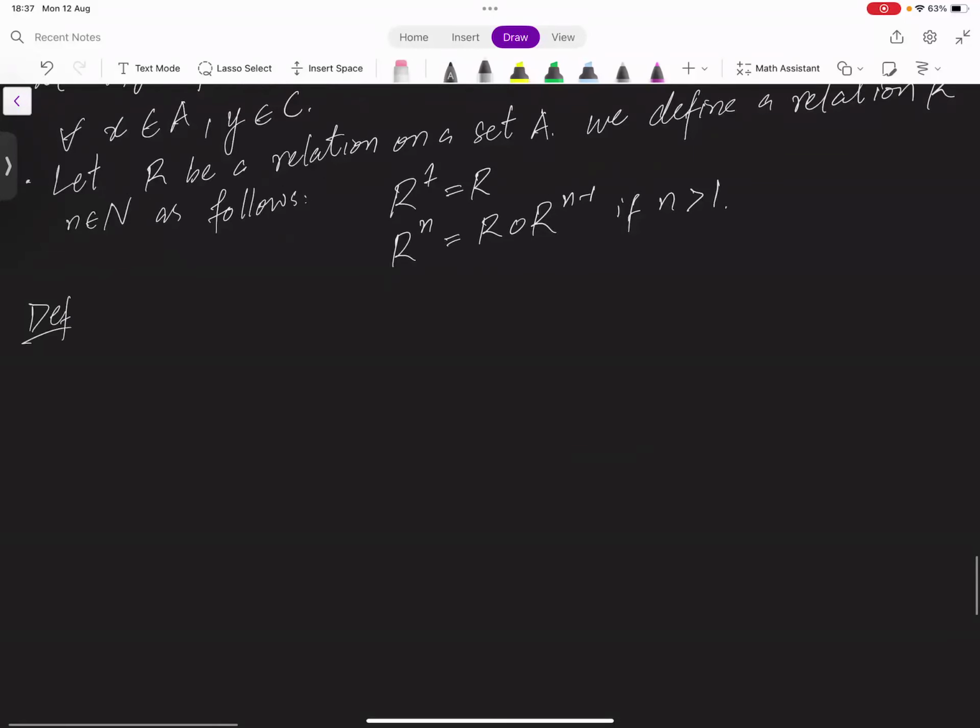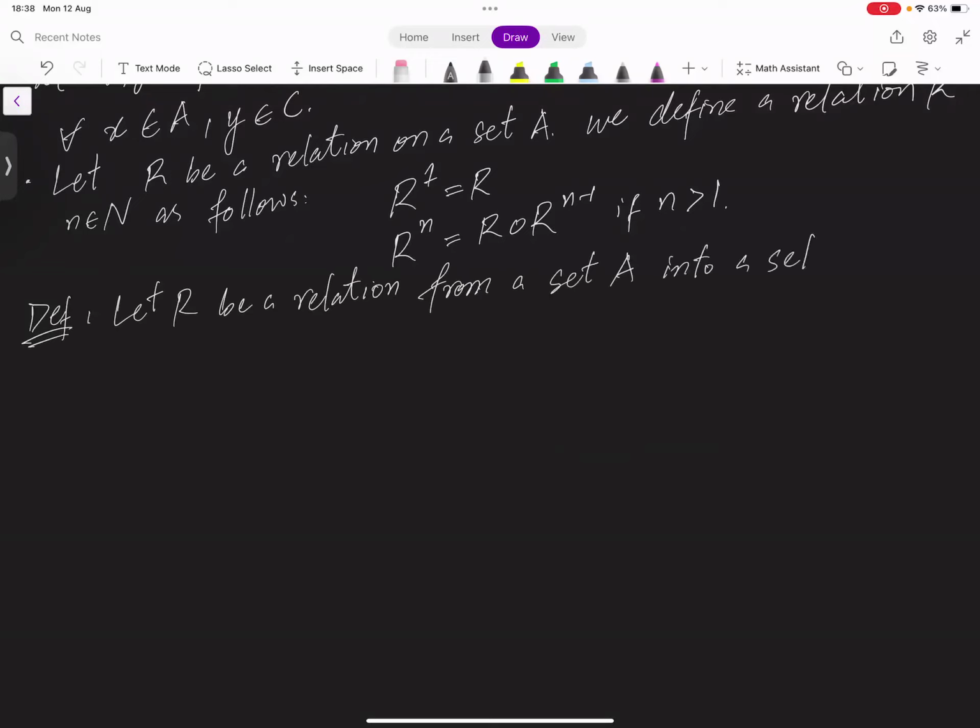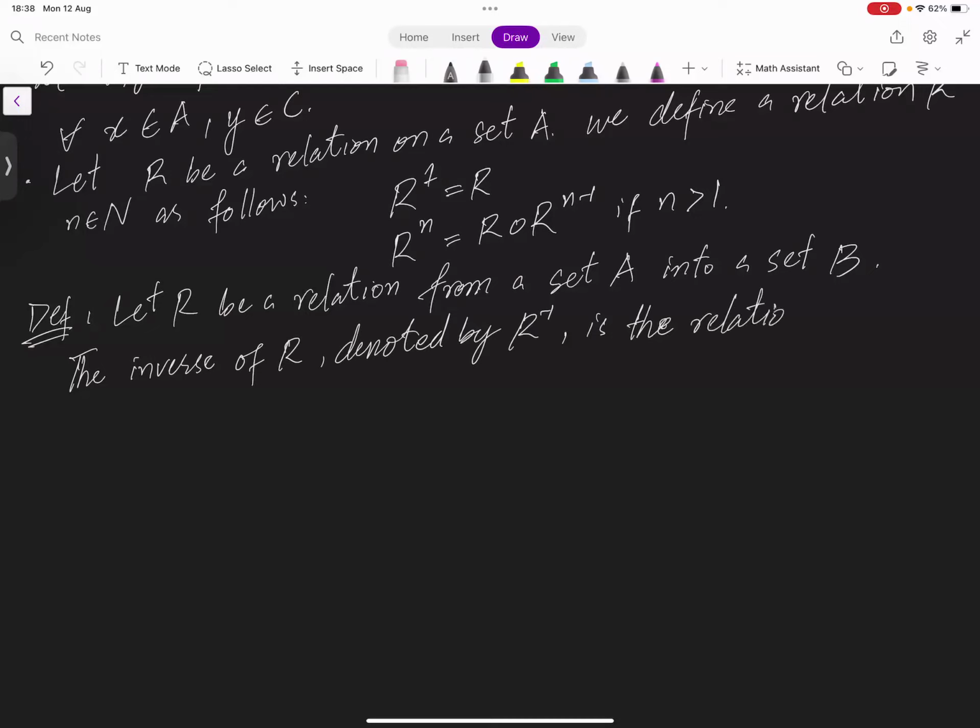So the definition says that we have a relation R from a set A into a set B. The inverse of R, denoted by R inverse, is the relation from B into A.